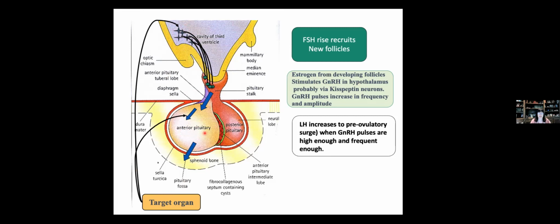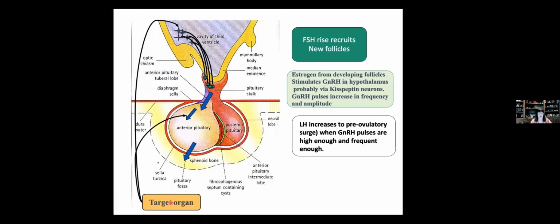And once the gonadotropes are fully mature and the pulses of GnRH are fast enough, this causes the secretion of luteinizing hormone. And basically the follicles are telling the pituitary, okay, we're getting mature and we're going to be mature enough for ovulation about mid-cycle.